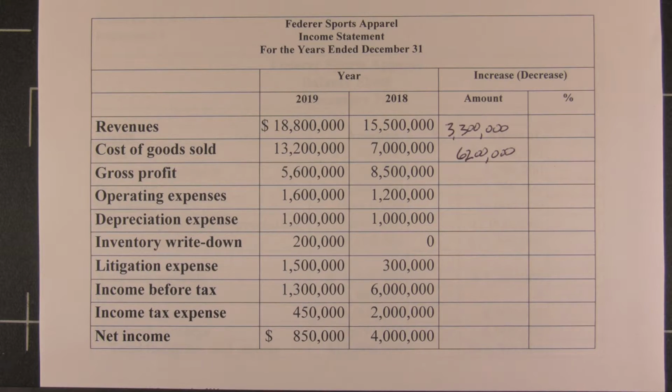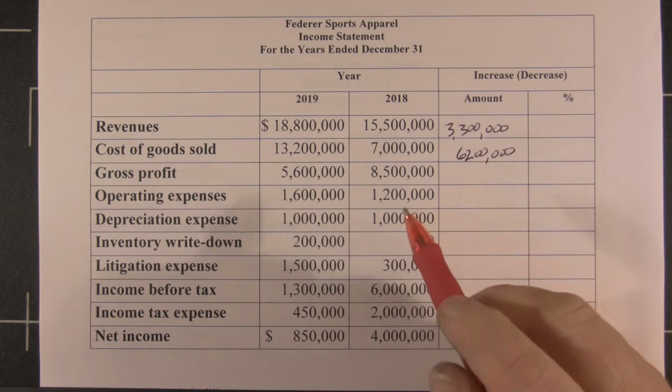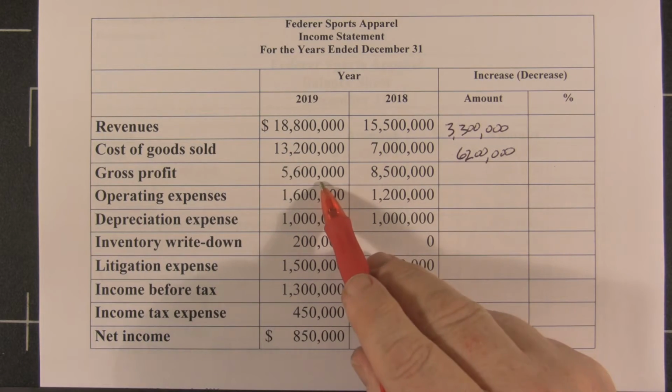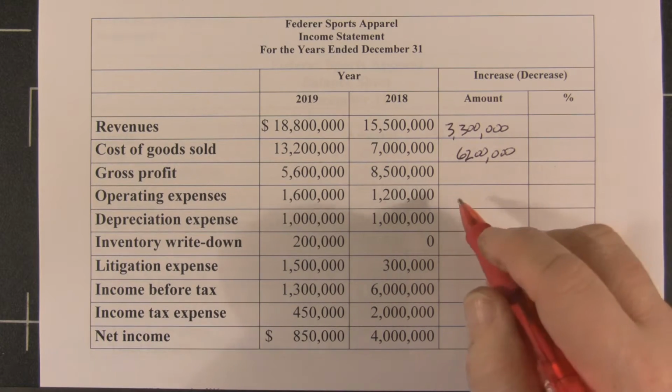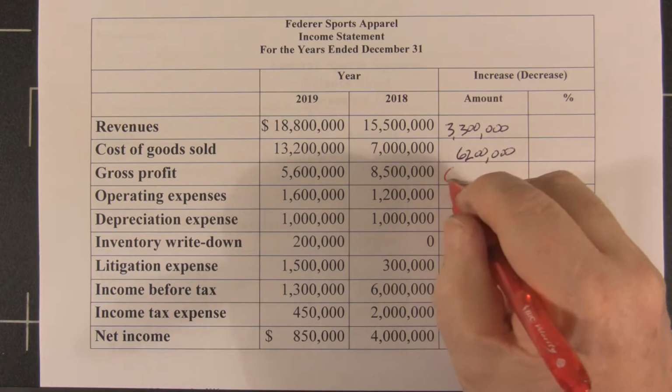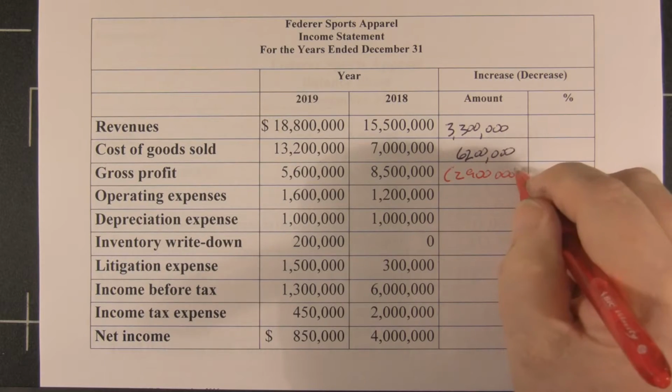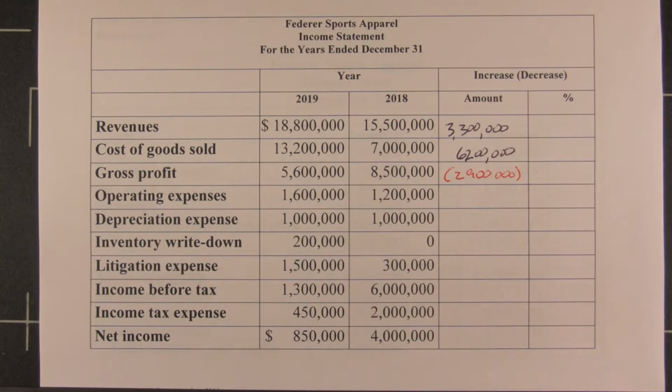Then we'll do gross profit, where we'll subtract last year's gross profit from this year's gross profit, and we find out that it went down $2,900,000. Then we'll do the same thing for operating expense.